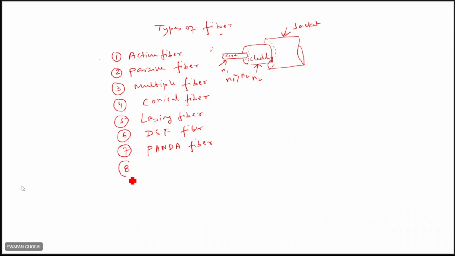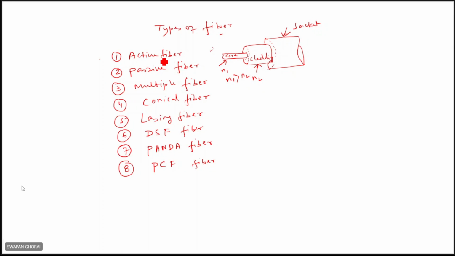Also some of the latest fibers, like PCF, photonic crystal fibers, or holey fibers, or photonic band gap fibers. Apart from this, there are some other fibers we will see, like EDFA, erbium doped fiber amplifiers, those things are there, right?